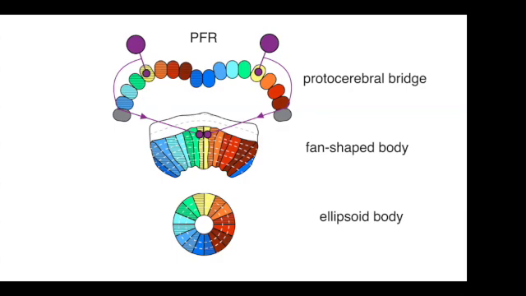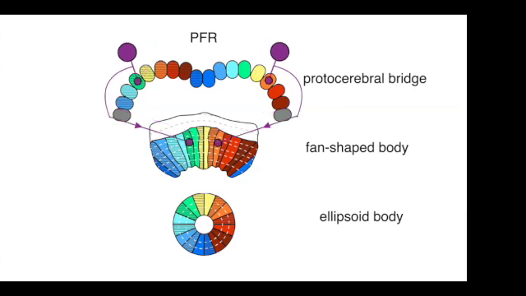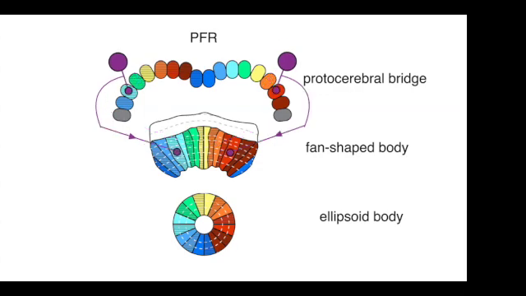So the PFRs look a lot like the EPGs, but they're playing the game between the bridge and this fan-shaped body. And in fact, one way to think is that they span the different columns and the different regions in the protocerebral bridge in the same way. There are sets of neurons for every compartment.